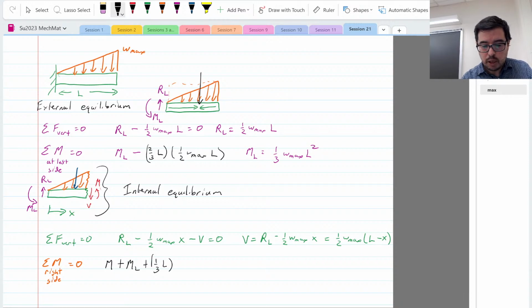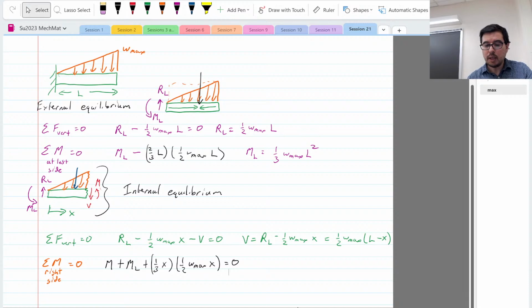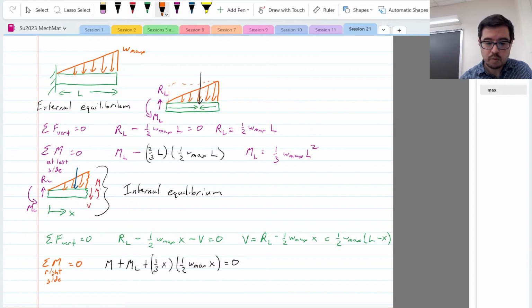And what's its magnitude? 1/2 W max X, right? And this is going to be equal to 0. So in this case, what we have is M is equal to minus ML minus 1/6 W max X squared.